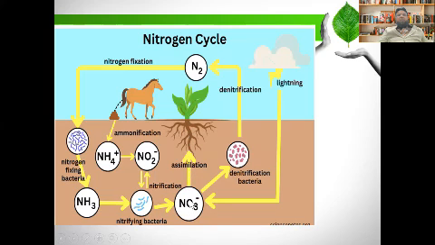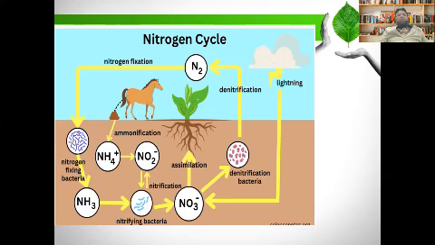plants. As you can see, these plants are taking nitrate from the soil, and this nitrate makes amino acids and protein in the body of the plant. And when these plants are eaten by the animals, this nitrogen containing compound enters into the animals. And when the animals die or the plants die, this nitrogenous compound is again given to the environment.